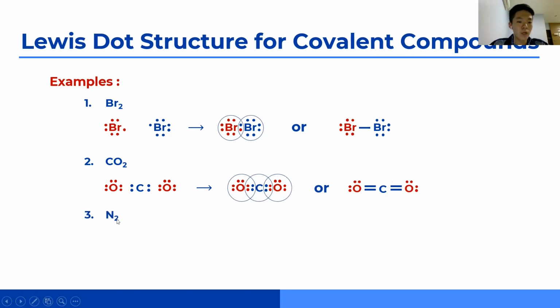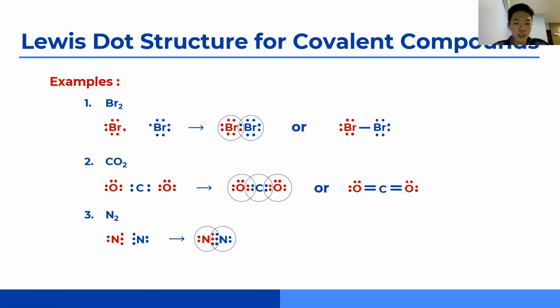Now for the third example, we have nitrogen. So nitrogen and nitrogen both have 5 valence electrons. In order for them to become stable, they need to share 3 electrons. So there are 3 pairs of electrons in the middle, so we can see that both nitrogen have originally 5 valence electrons and 3 more electrons from sharing, so it satisfies the octet rule.